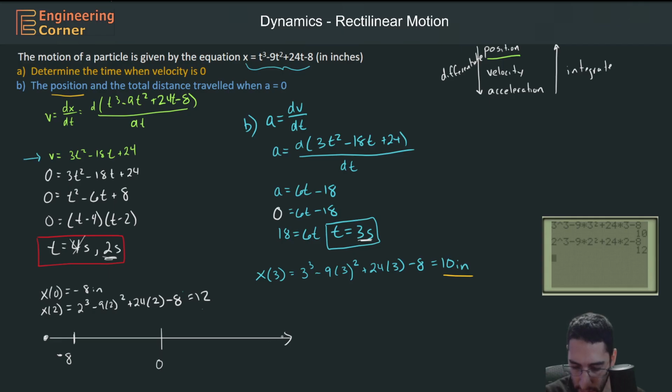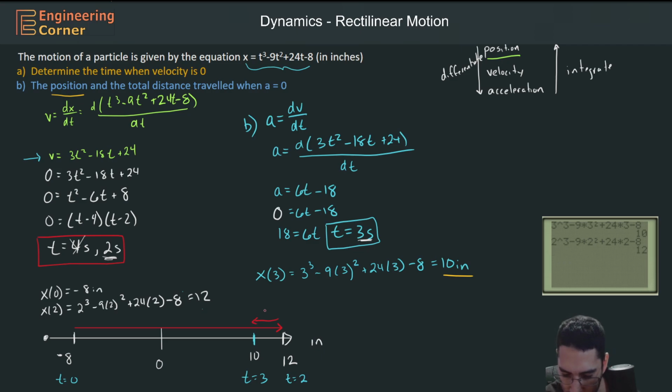So we're going to be over here. Let's also say this is time is equal to 0, time is equal to 2, and then at time is equal to 3, we're going to be at 10 inches. So what we're doing is going all the way over here, and then we're adding this.